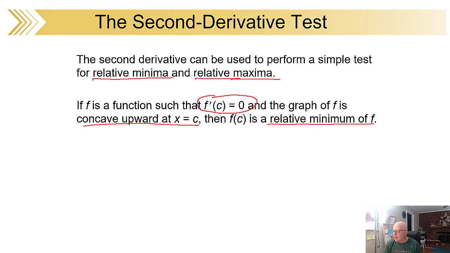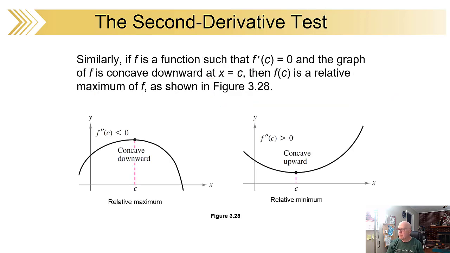Okay, what are we talking about? Well, if it's concave upward, then it has the smallest point here. And that's why it's called a minimum, because the y value is the smallest possible in that interval. So here's a picture.